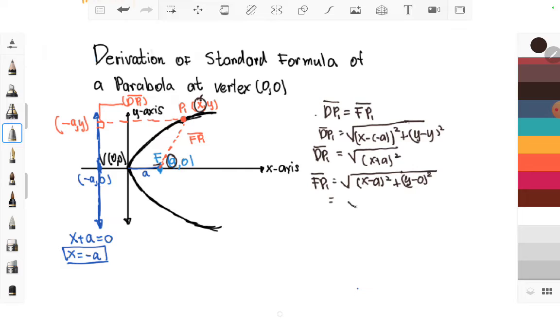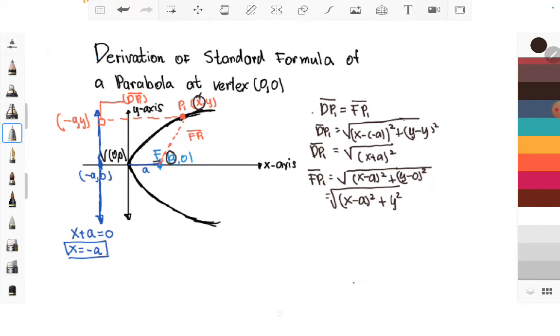So my fp1 will be equal to the square root of (x minus a) squared plus y squared. So from here, dp1, which is the square root of (x plus a) squared, is equal to the square root of (x minus a) squared plus y squared.